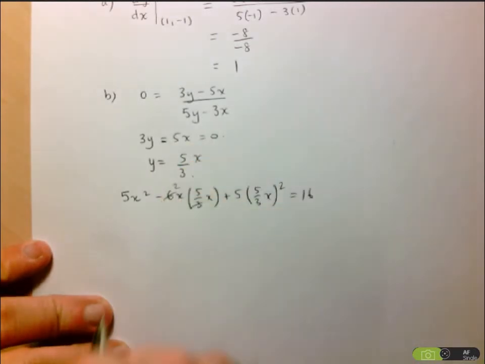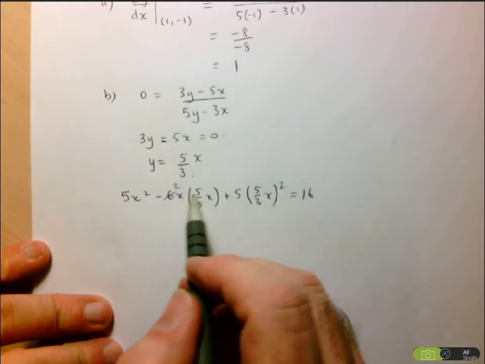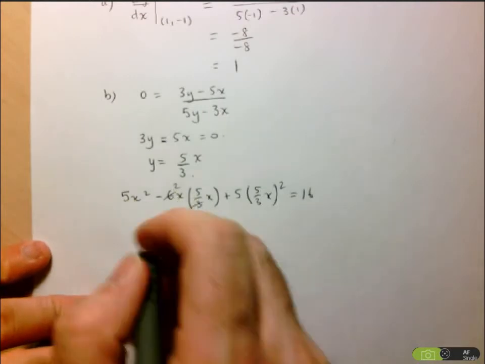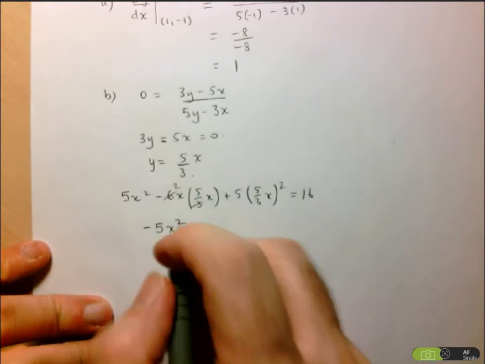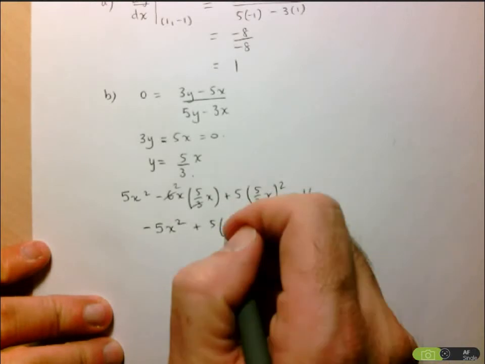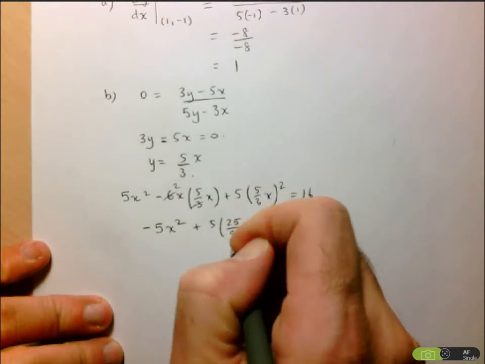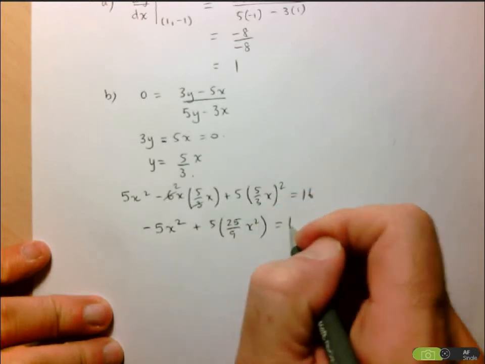This just reduces to 2. So here we have 5x squared minus 2 times 5, 10x squared. So here we've got negative 5x squared. And here, a bit of work we've got to do. So 5 times 25 over 9 x squared equals 16.